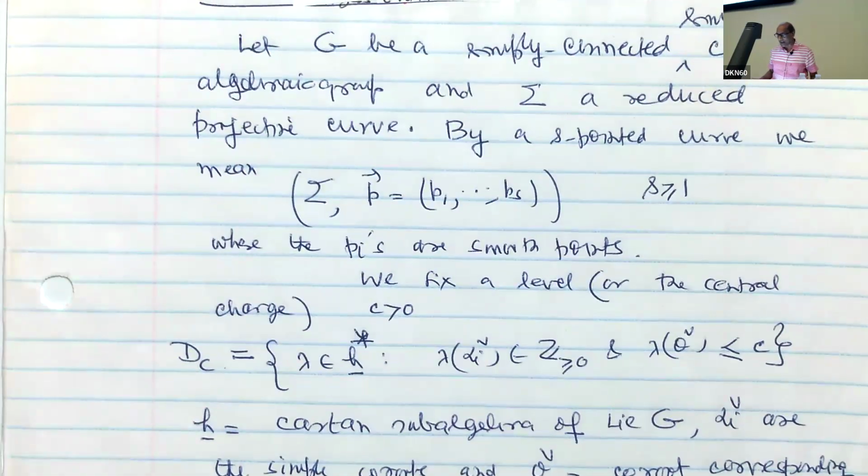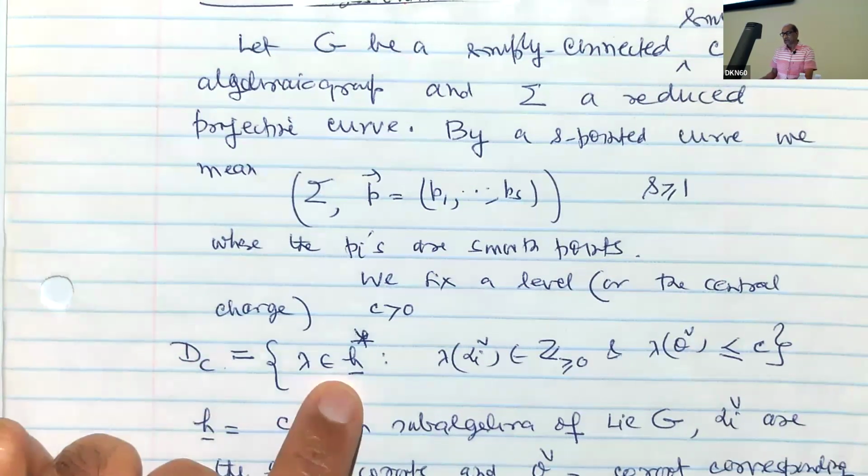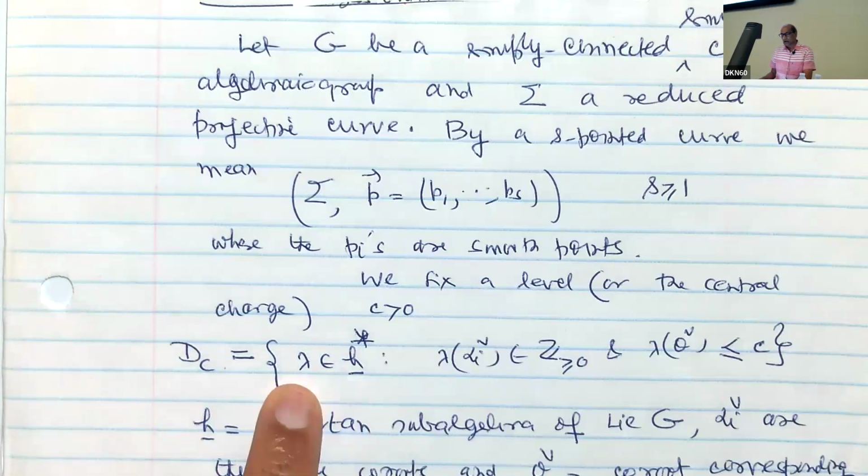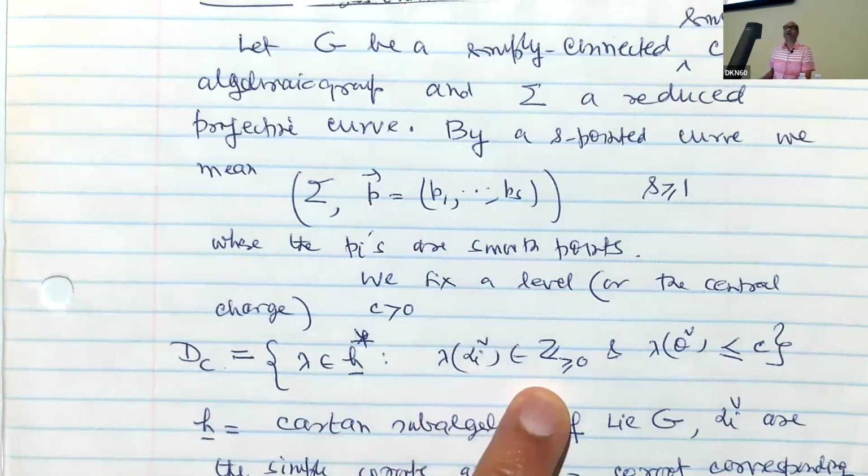Now we also fix the level, which is called the central charge in the theory. Many talks have talked about central charge with maybe differing meanings. So we fix a central charge, which is a positive integer. And now I define this subset D_C. Now H is the Cartan subalgebra of the Lie algebra of G, and I take the weights lambda in H star, which satisfy lambda of alpha_i check is a non-negative integer, alpha_i check being the simple coroots.